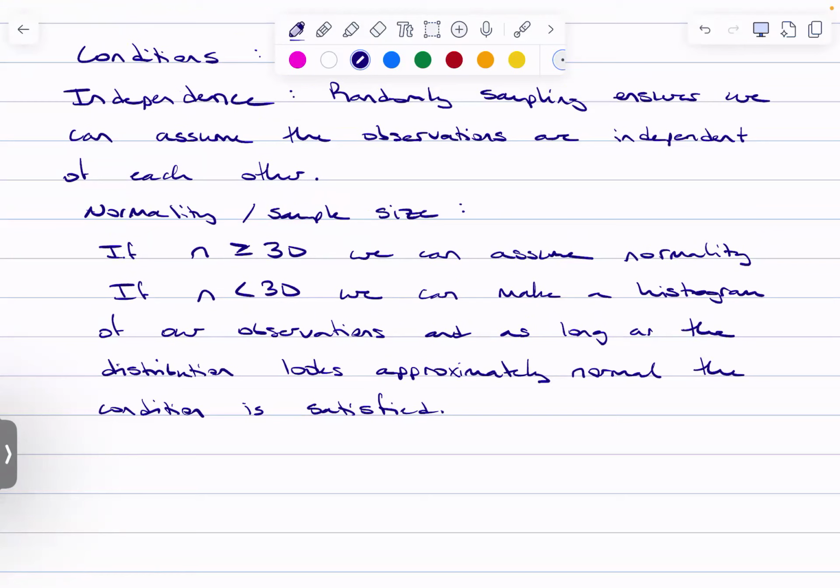So now we're ready. Conditions out of the way. I tend to call that step 0 because I always skip it, right? But let's get into what a hypothesis test looks like for a one sample mean type of question.